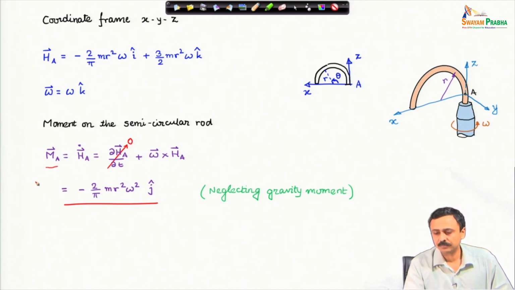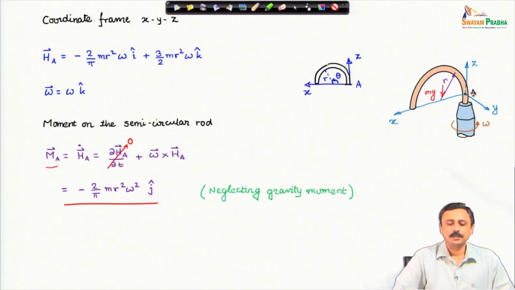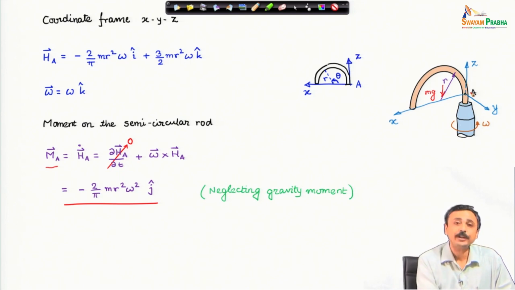And if acceleration due to gravity is vertically downwards, then this should be the weight vector and the moment would be mgr about positive y direction, therefore, mgr j cap should be added to the left hand side.